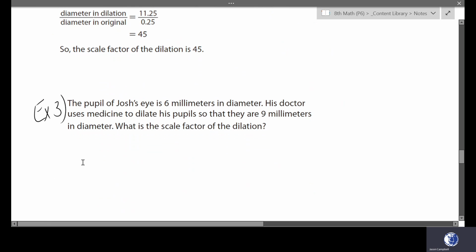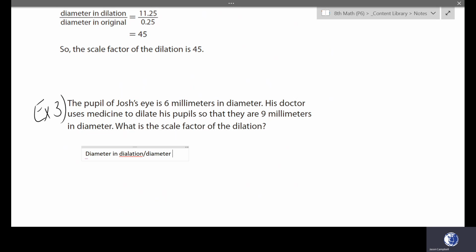Let's do the same thing here in example 3. It says the pupil of Josh's eye is 6 millimeters in diameter. His doctors use medicine to dilate his pupils so that they are 9 millimeters in diameter. What is the scale factor of the dilation? So we're going to do the same thing. We're going to do the diameter in dilation over diameter in original.